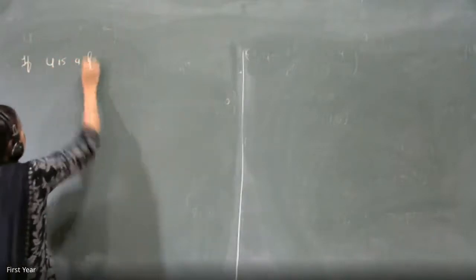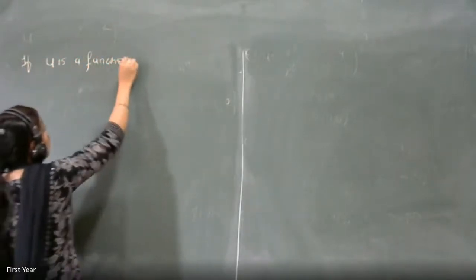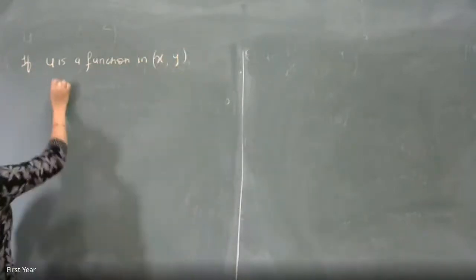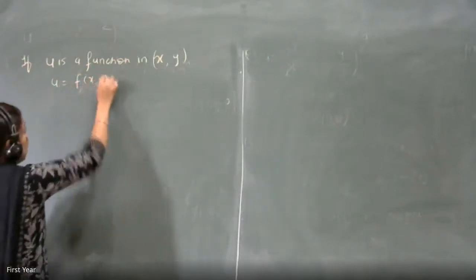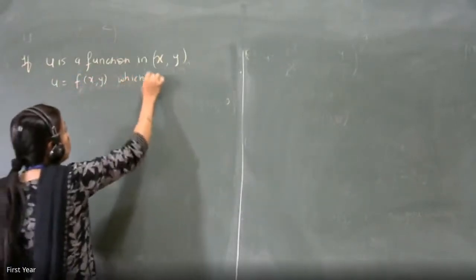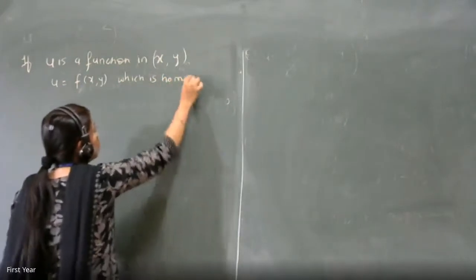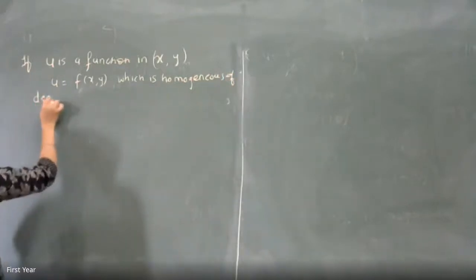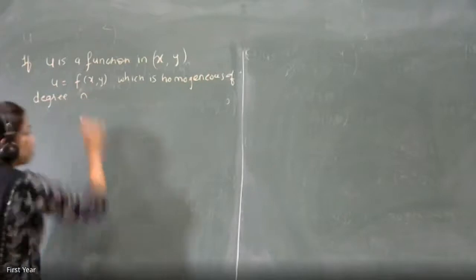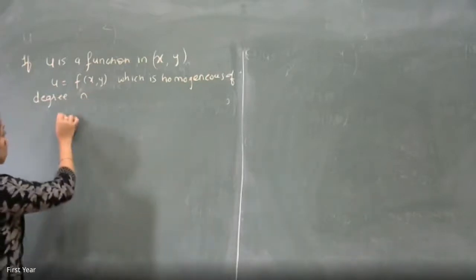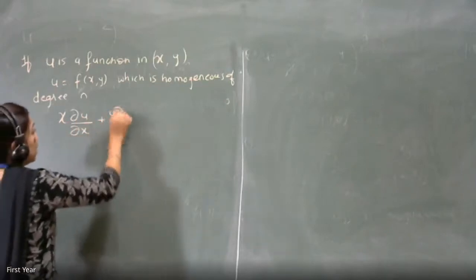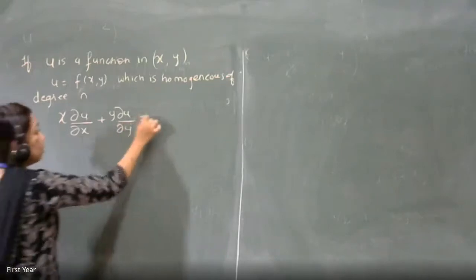If u is a function in 2 variables x, y, which is homogeneous, now you know what is the meaning of homogeneous, which is homogeneous of degree n, then x del u by del x plus y del u by del y is equal to n into u.